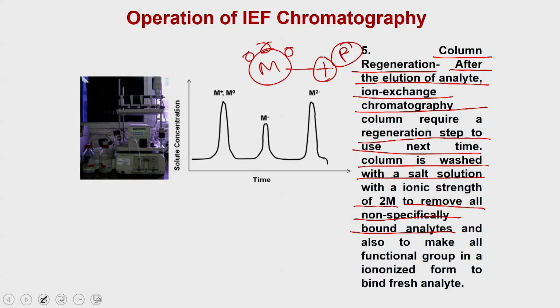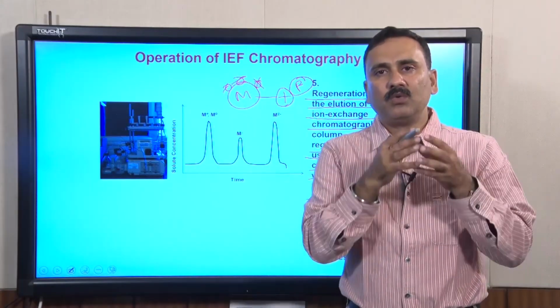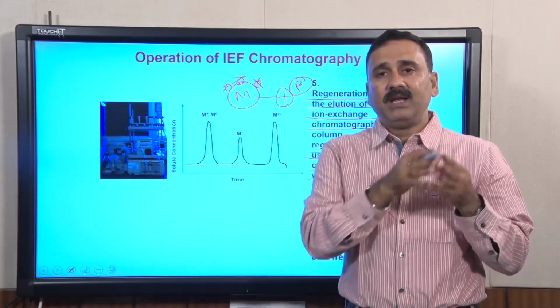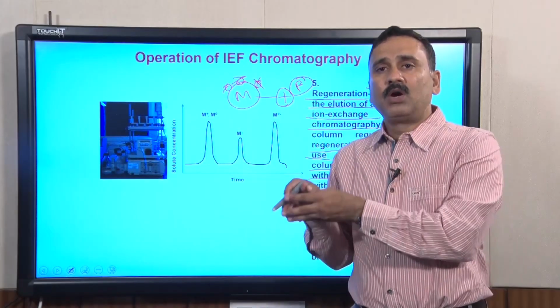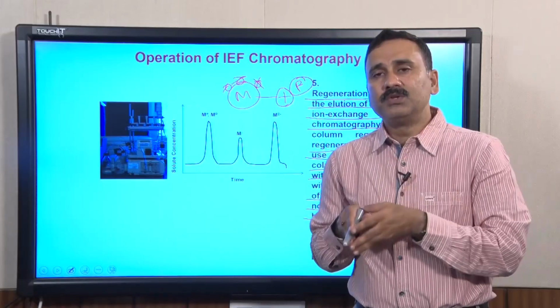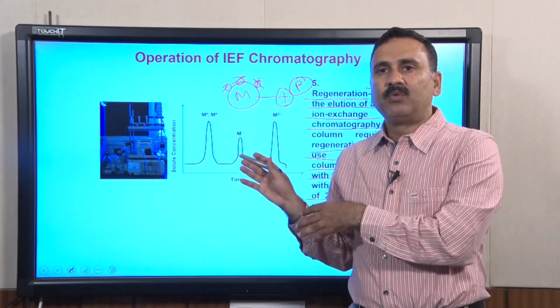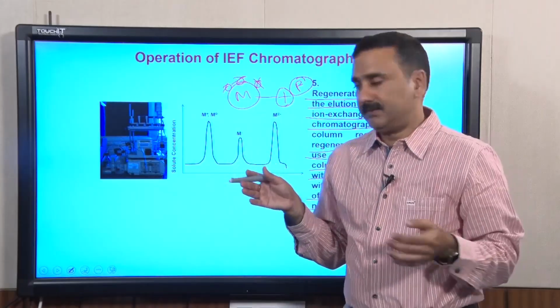If you wash with 2 molar NaCl, you remove all these non-specifically bound proteins. If you do not do that, the non-specifically bound protein is going to reduce the flow rate, eventually clog the column, or reduce the surface area of the beads available for the protein of your interest to bind.